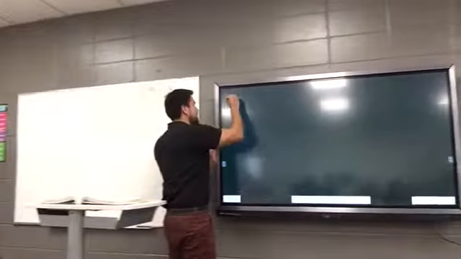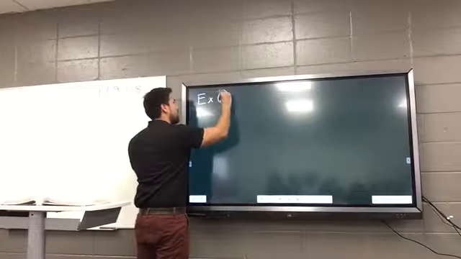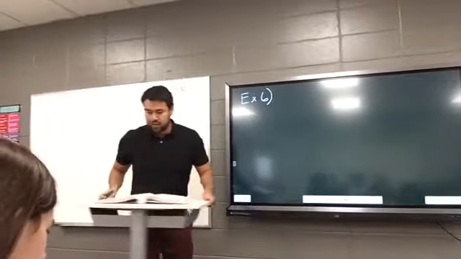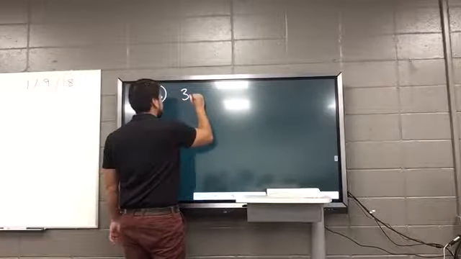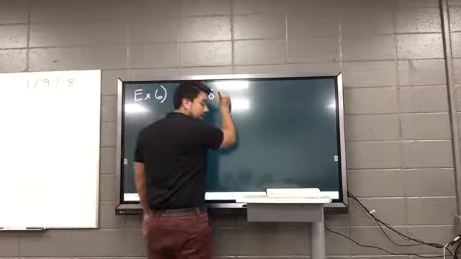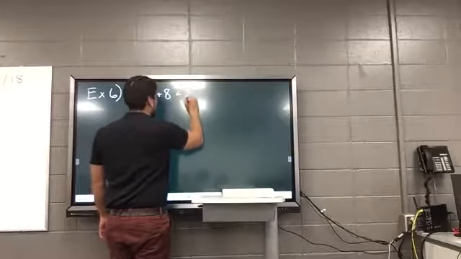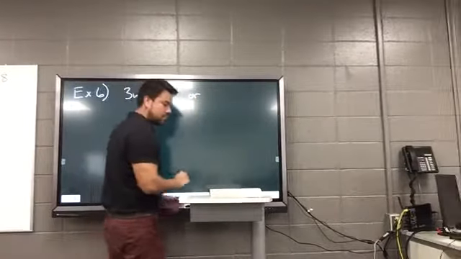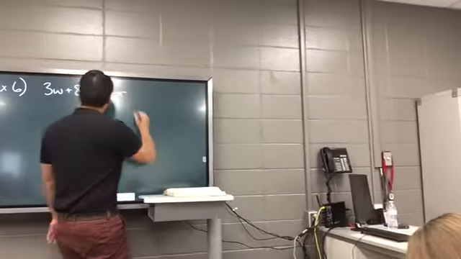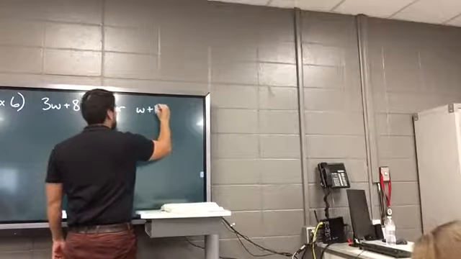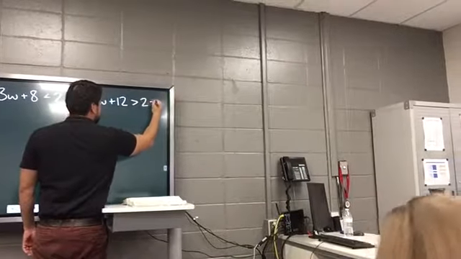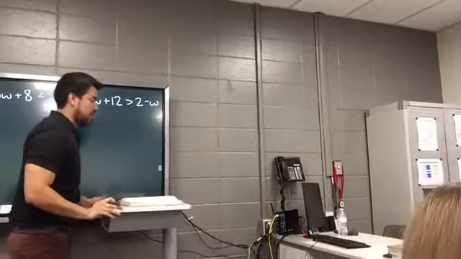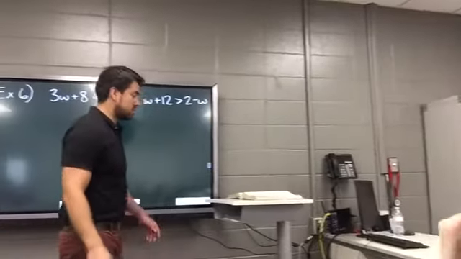So, example 6, they give us 3w plus 8 is less than 2, or w plus 12 is greater than 2 minus w. So I want you to graph the solution set.